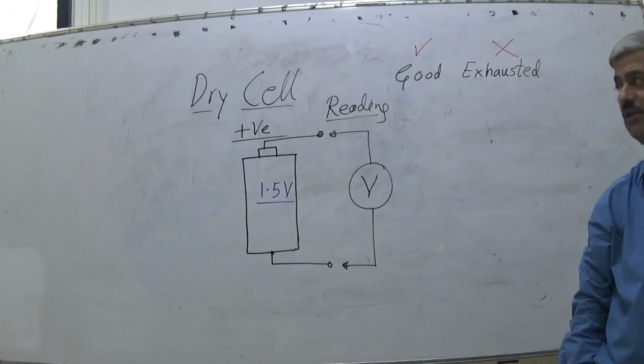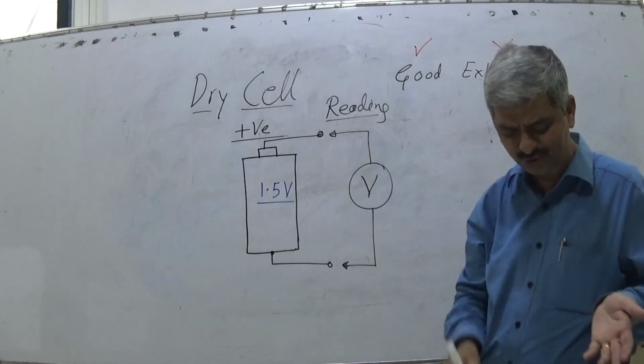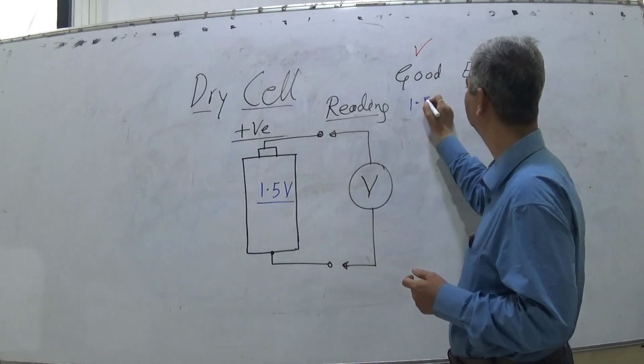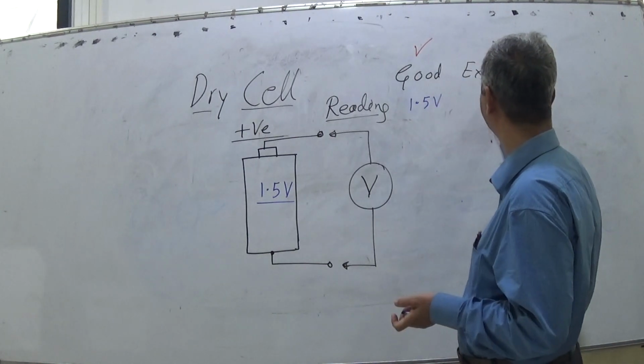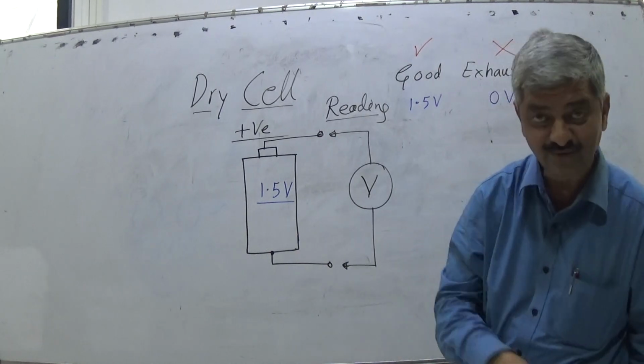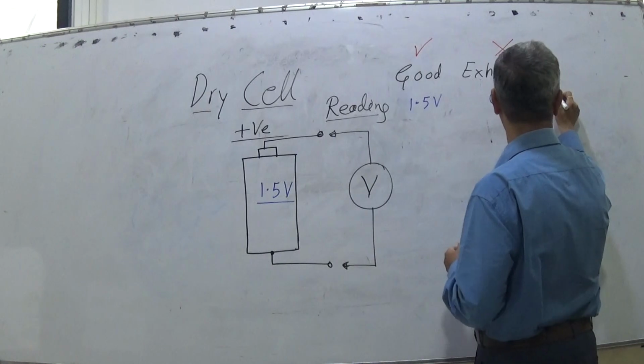The reading for a good battery cell should obviously be 1.5 volts, and for an exhausted battery cell you expect a reading of 0 volt.